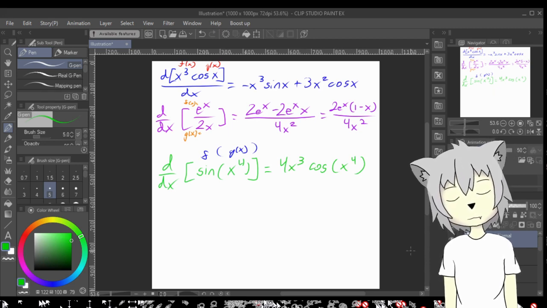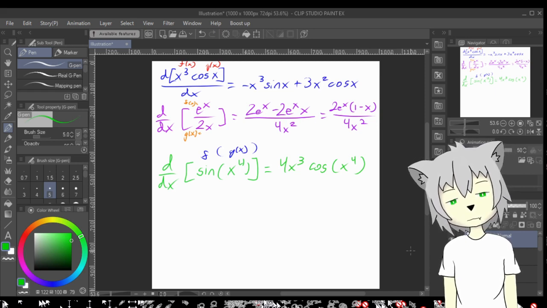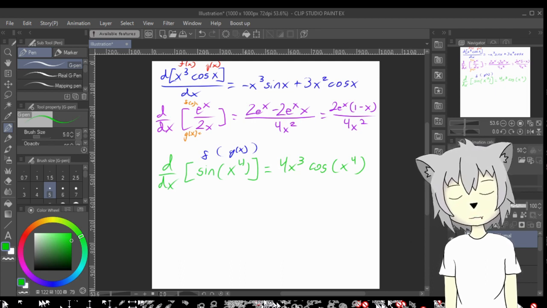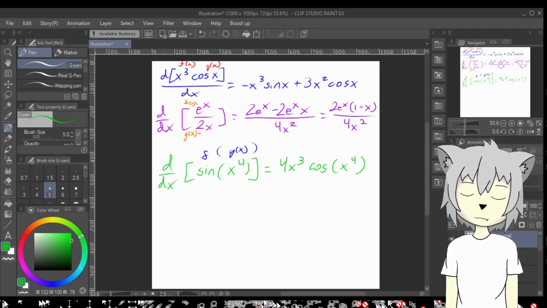That's sort of how you go through them. So basically, you sort of just combine the functions and their derivatives together when they're multiplied, divided, and are in each other.